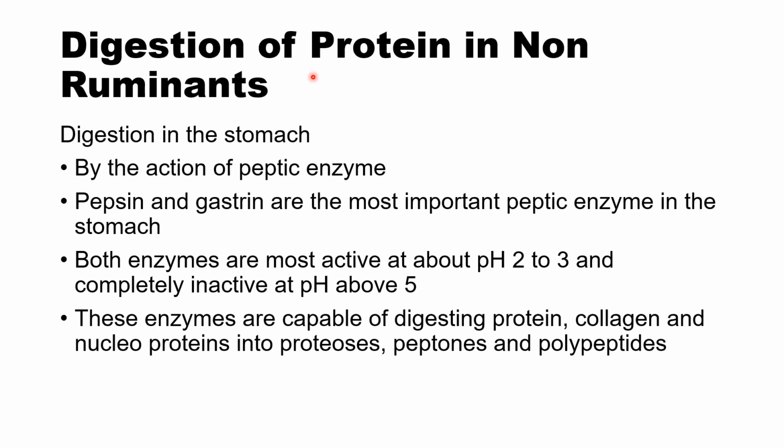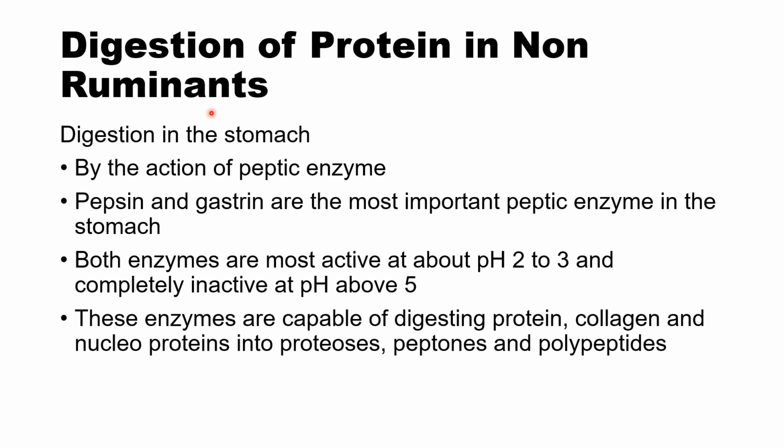So, digestion in the stomach. So, bakit walang digestion ng protein sa mouth? Kasi, as you can recall, may present akong mga table on the different enzymes of the digestive system of animals at saka kung ano yung mga breakdown nila.